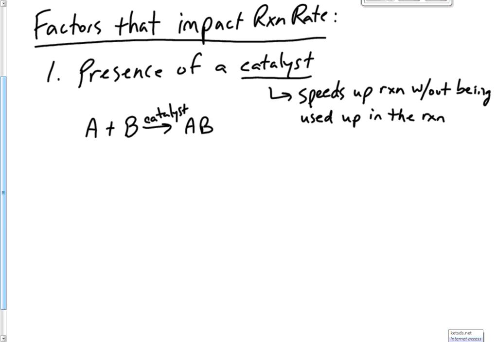Okay, that's where the catalyst goes, because that tells you, yes, it's being used, but it's not part of the products and it's not part of the reactants. Okay, so it's being used by the reaction, but it's not being used up in the reaction.